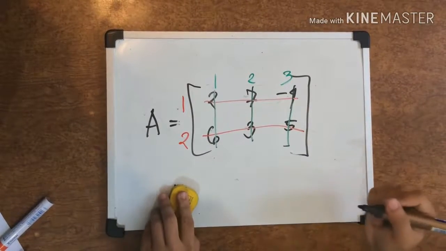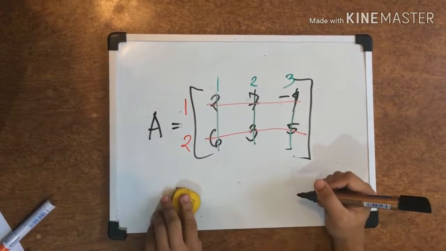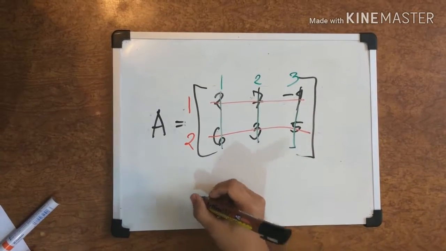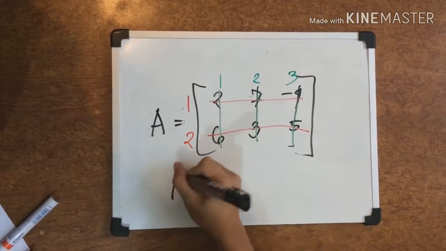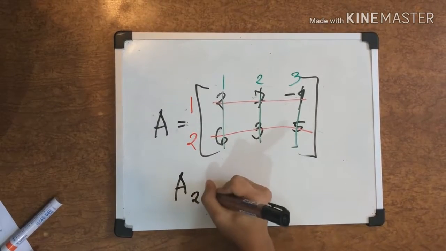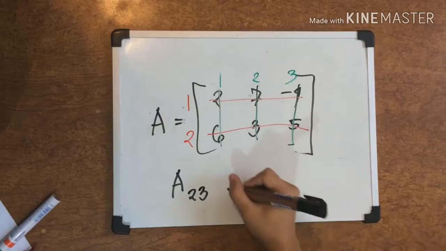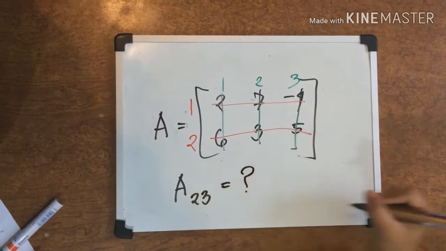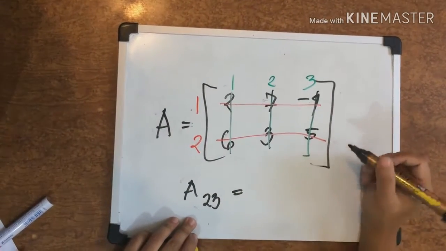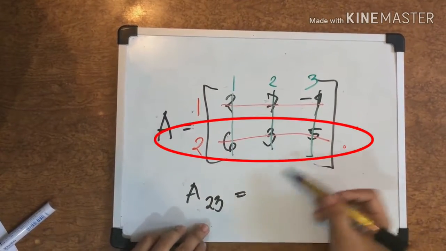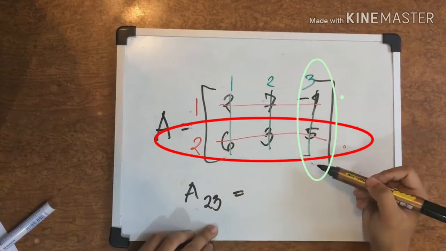Now, let us identify a specific element in a matrix. For example, what is the element A23? The first number is the row and the second number is the column.